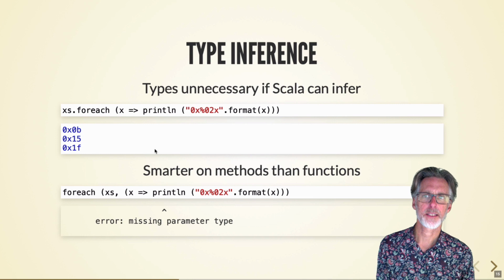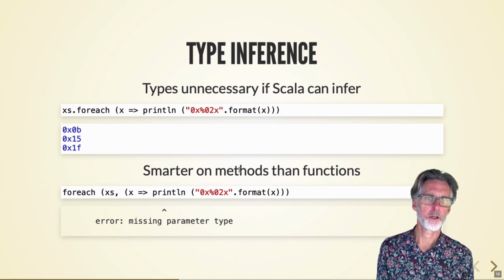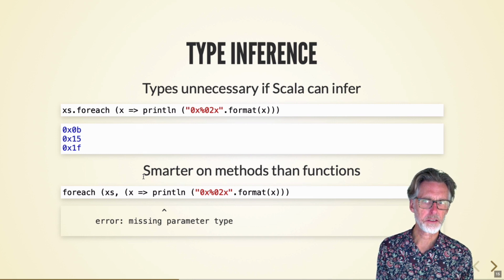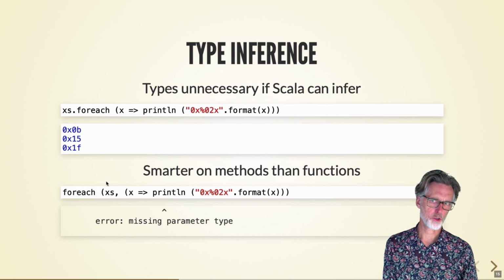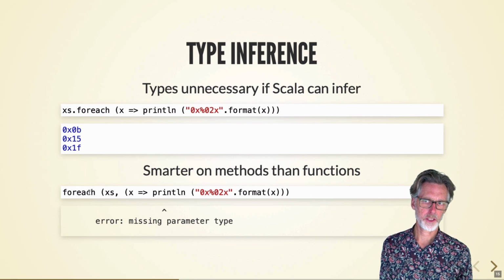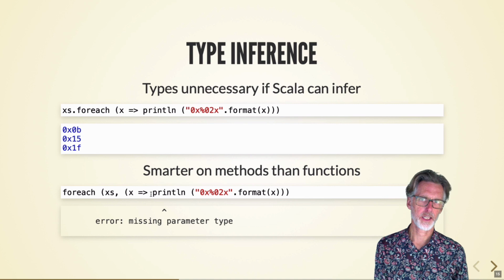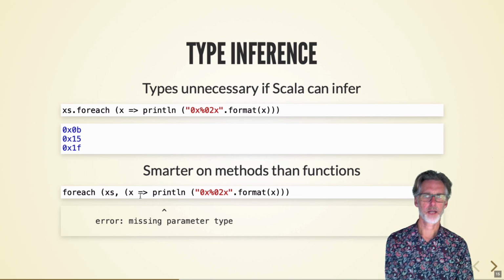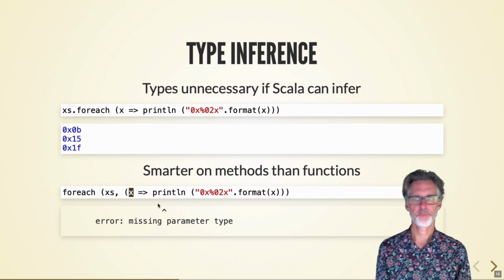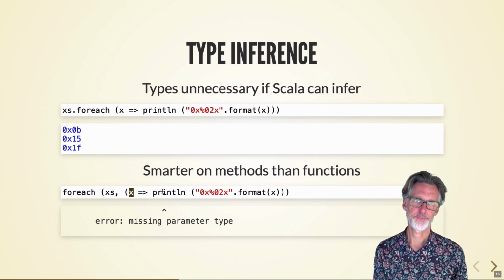In some cases, type inference is smarter on methods than it is on functions. And so when I try the same thing with our own FOREACH function that we defined, I actually get an error. Scala is a little upset that I haven't actually put the parameter type on x.